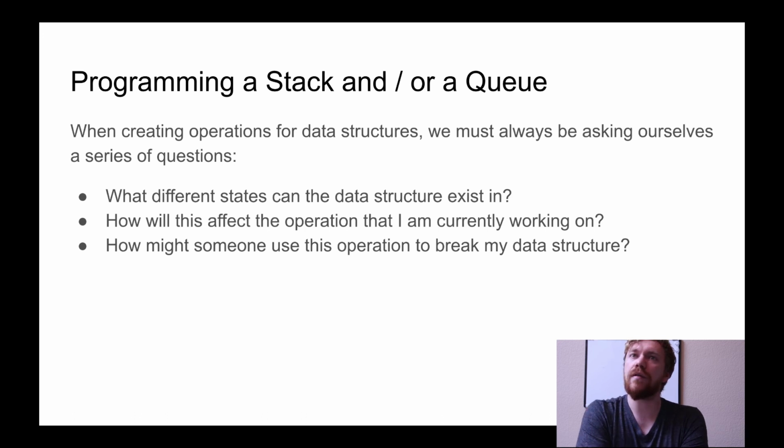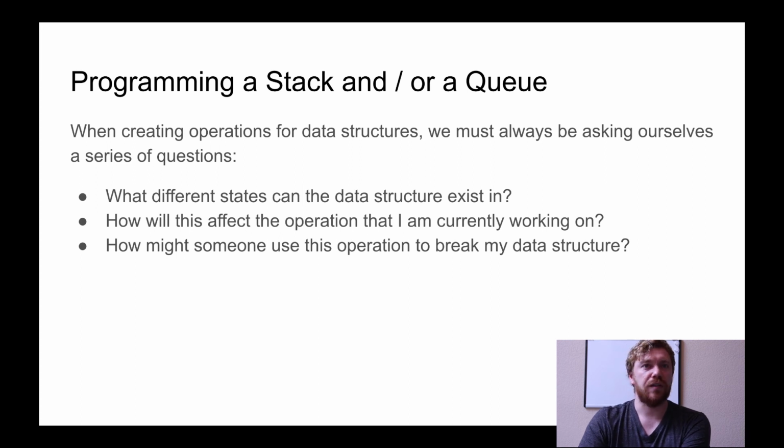And by that I mean, if the data structure is currently empty, has nothing in it, what behavior will this operation have? If the data structure has a set size, or a set capacity, and that data structure is now full, what should the behavior of this operation be?